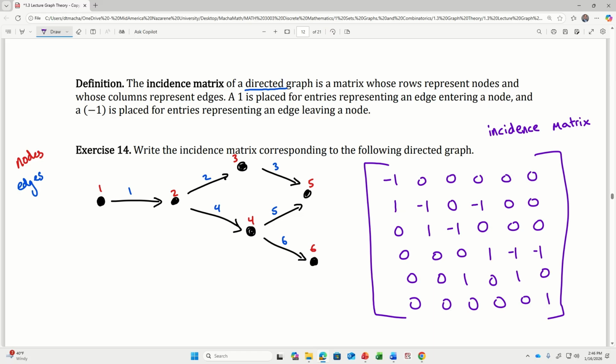There is another time in my life where I've seen an incidence matrix. Back when I was working as a chemical engineer, there's this really cool process data reconciliation problem I was working on where you create incidence matrices, again, to represent to a computer what the process flow diagram looks like in real life. And we do this for mass balances.